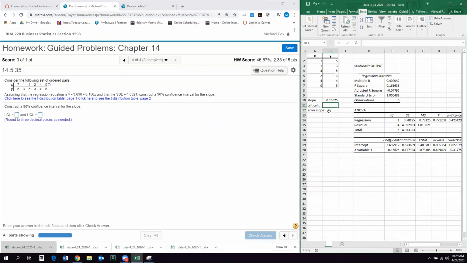Our critical t is t alpha divided by 2, or we can do T.INV.2T. Put in our alpha, which is 0.1, and our degrees of freedom, which is n minus 2. On this one n is 6, so n minus 2 is 4.